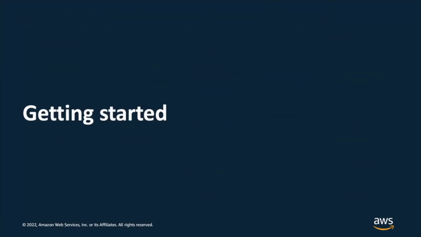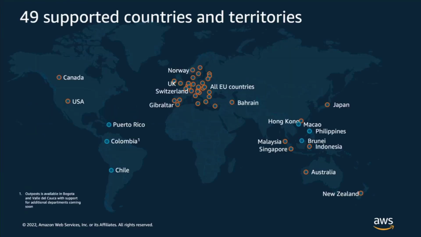Now, talking about servers in particular, hopefully I've gotten you excited enough about the prospect of servers that you want to check this out for yourself now. And I want to talk you through what it looks like ordering these things and getting a hold of them. First of all, Outpost servers are available in 49 different countries and territories around the world today.